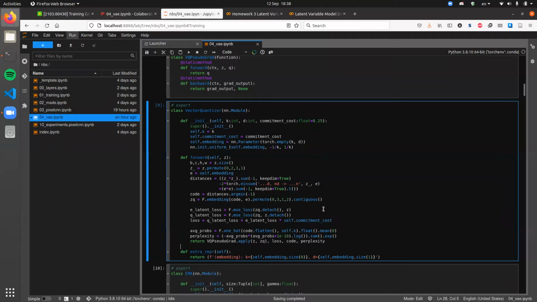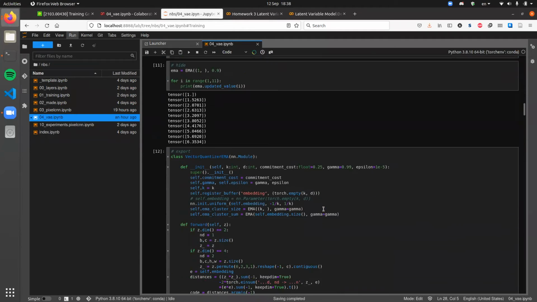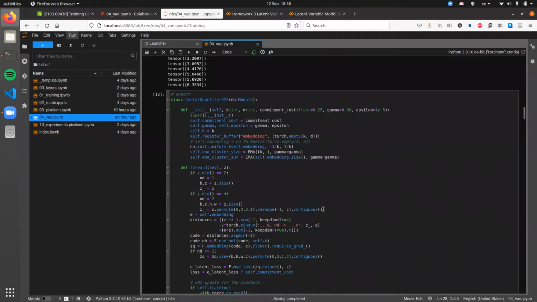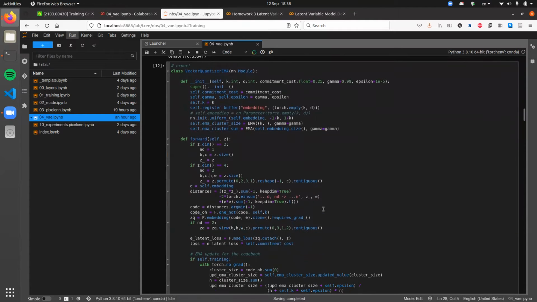Okay, and we will now look at this other idea, which is presented in the paper and is actually used in the follow-up papers.